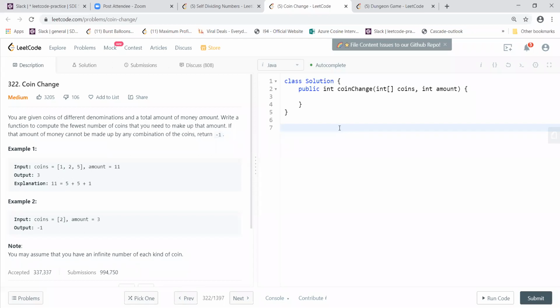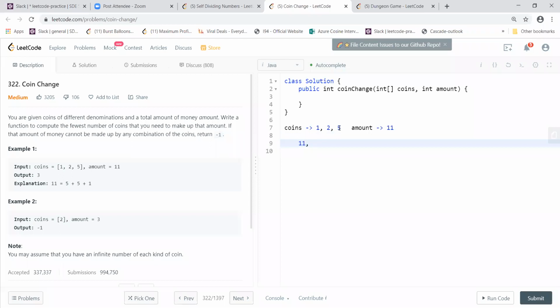So the first example has coin denominations 1, 2, 5, and the amount is 11. With the first coin of denomination 1, we can have 11 such coins, right?